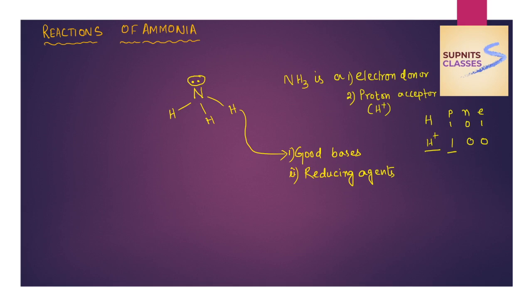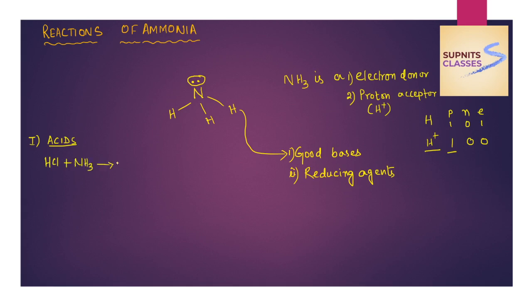Now, how does this really help me in understanding the chemistry once again? So definitely with these two things we can understand many reactions of ammonia. Let's see. Number one is with acids. Acids means, let's take HCl plus NH3.